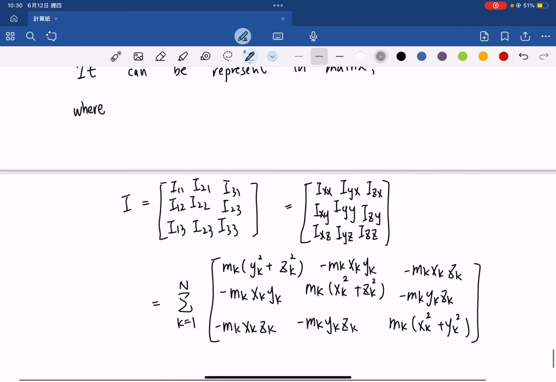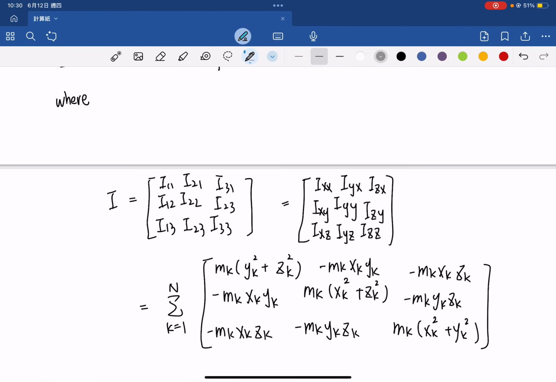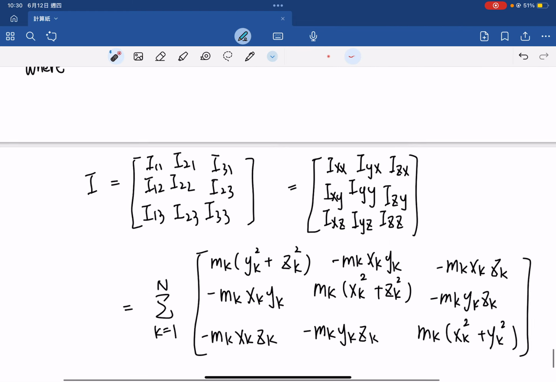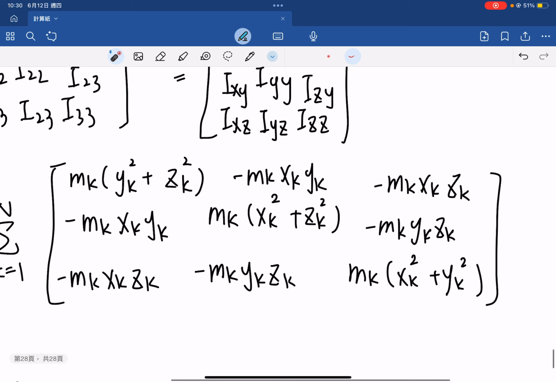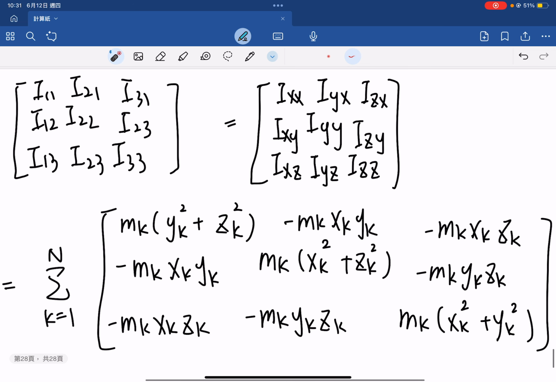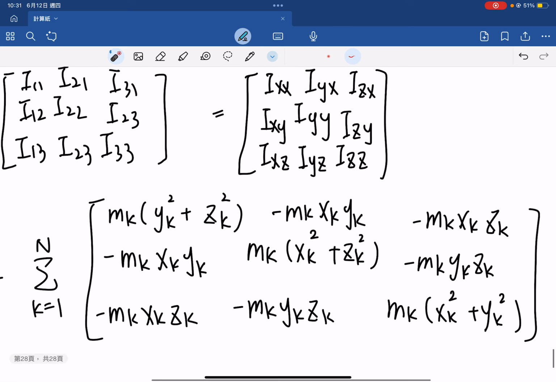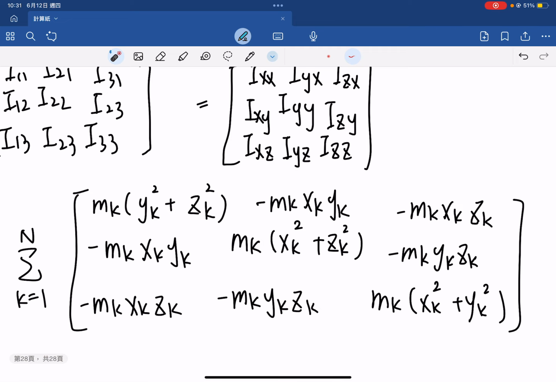So we can have the following matrix where the diagonal entry is the sum of mk times the sum of the two squares, and we have Iyx equal to Ixy equal to minus the sum of mk xk yk, and likewise for Izx and Ixz, and Izy and Iyz.